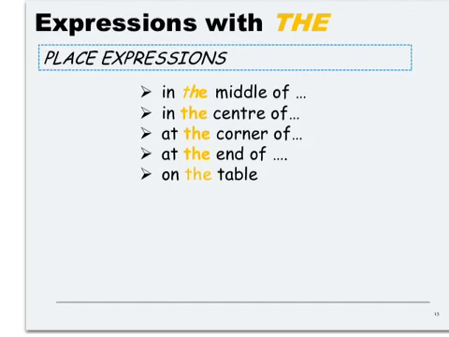We also use the with some place expressions. Some examples are in the middle of, in the center of, at the corner of, at the end of, and on the table. Can you think of any other examples where we use the to express a place?